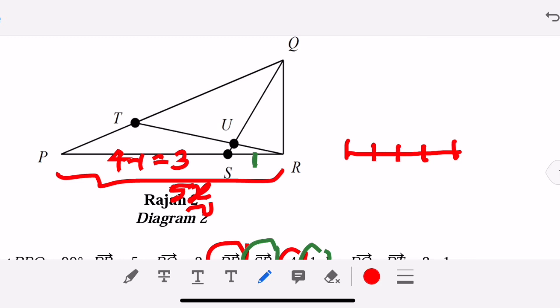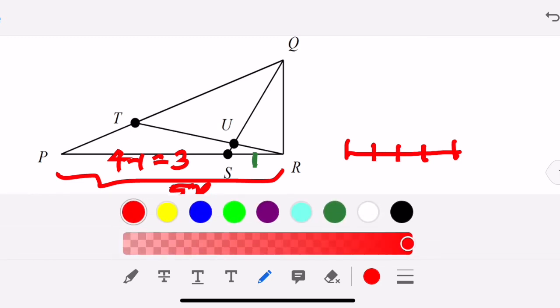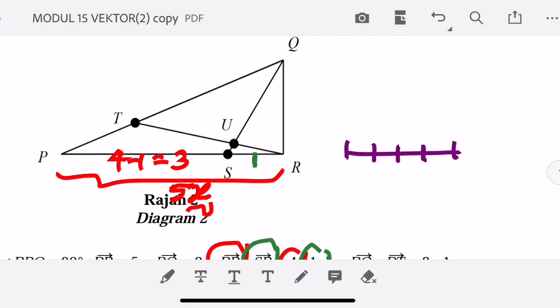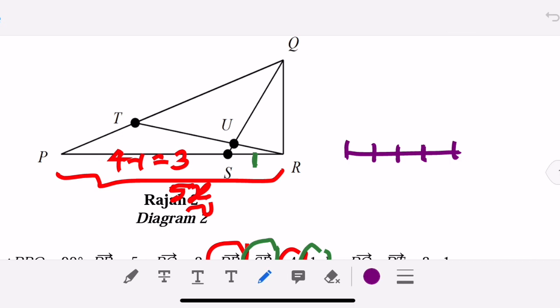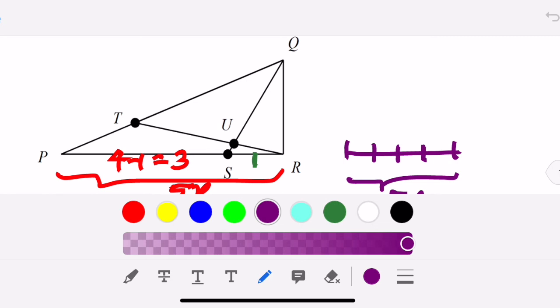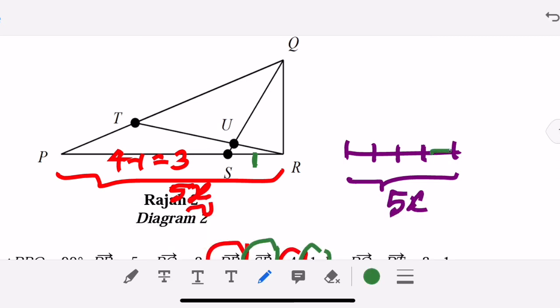So roughly I label like this, and the whole length is 5x, right? So I'm going to divide by 4. 5x divided by 4. That means one part or one portion is the whole length divided by 4. Understand? So that's how you work out the vector.